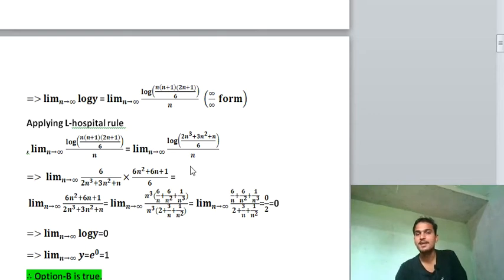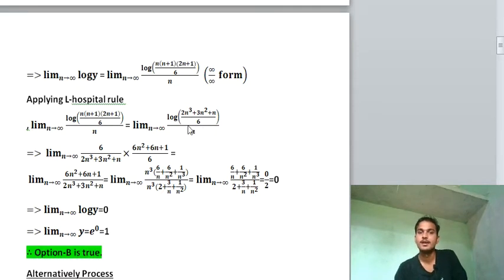So limit n tends to infinity of log, we can write it, when we multiply n into n plus 1 into 2n plus 1, we get 2n cube plus 3n square plus n, whole divided by 6, whole divided by n. We will find the derivative of this numerator with respect to n, and the derivative of the denominator with respect to n.